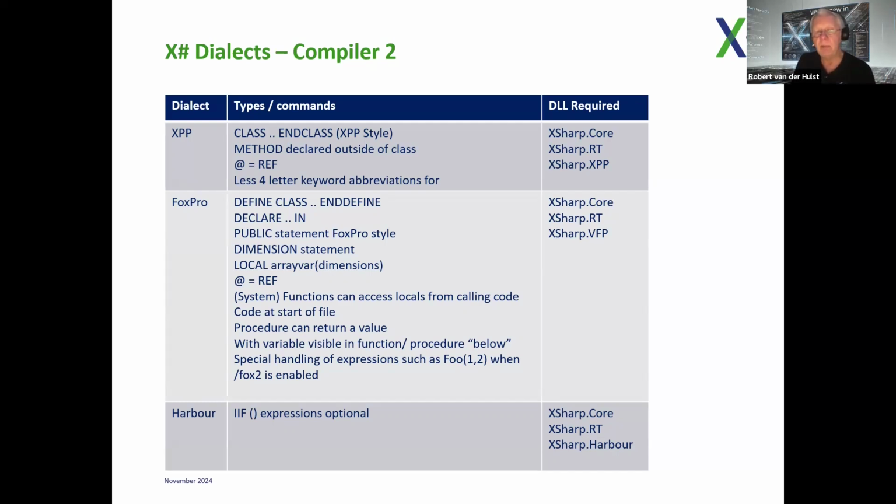And if you enable the compiler option /fox2, this is also allowed in X#. I will not recommend it. Actually, I would recommend to disable /fox2 and use square brackets for arrays and not have this ambiguity, because to resolve this, we have to delay evaluating the expression until runtime, which is not nice. It does work, but it's dirty.